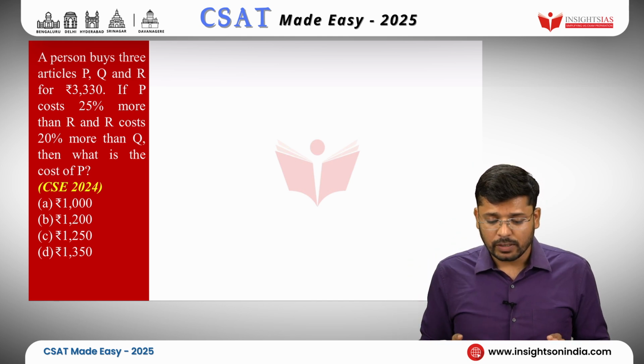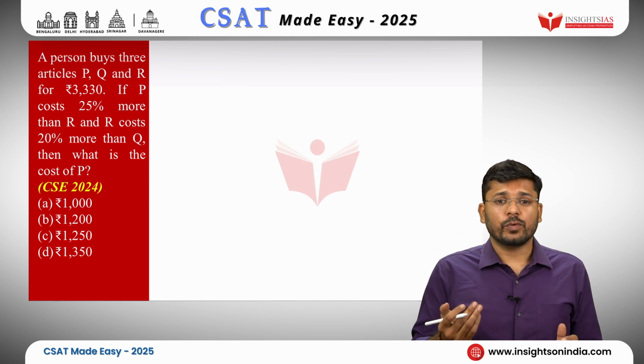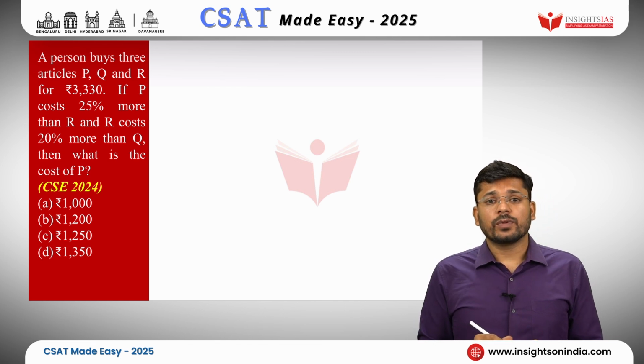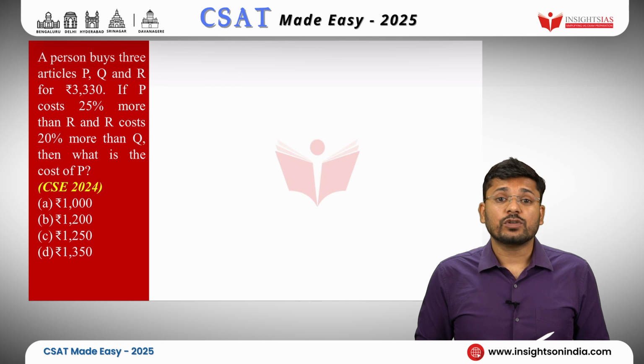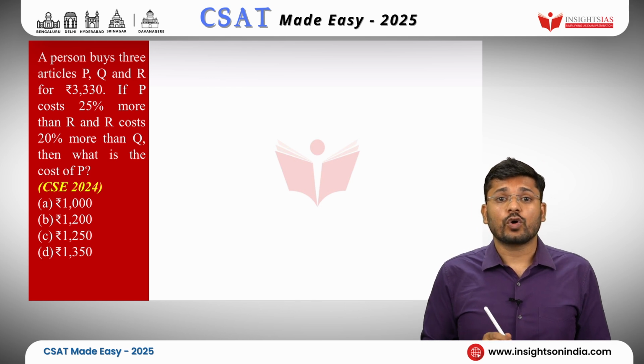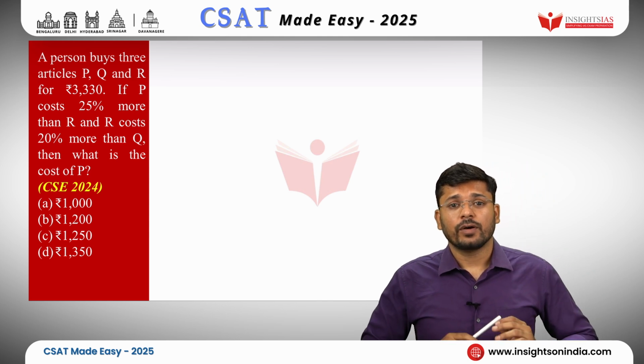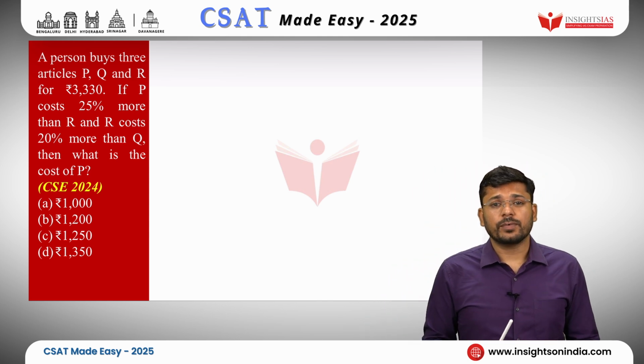We will assume 100. What will we assume to be 100? In this question we will assume the price of Q to be 100 coins, not rupees, coins. First I will tell you about this coin concept.